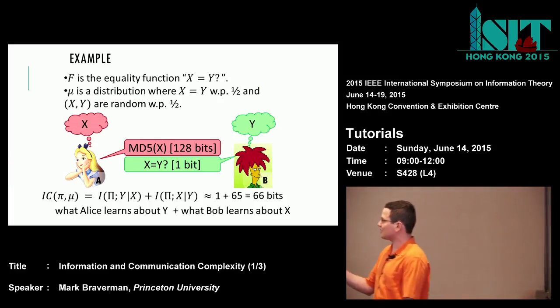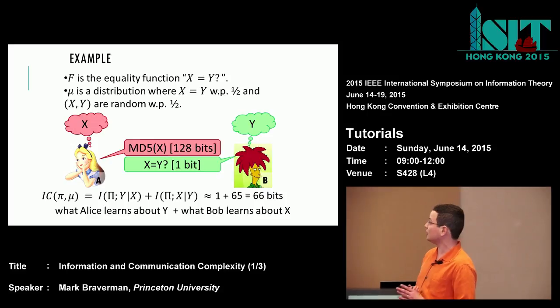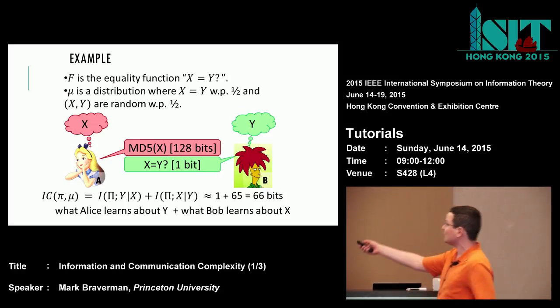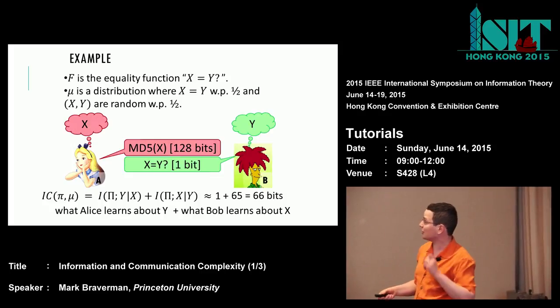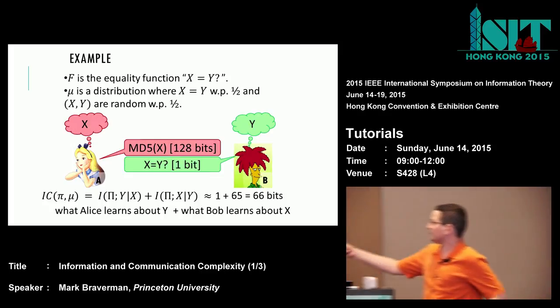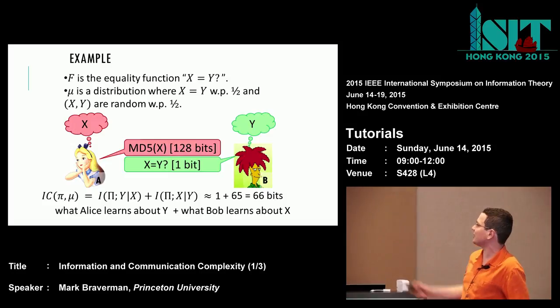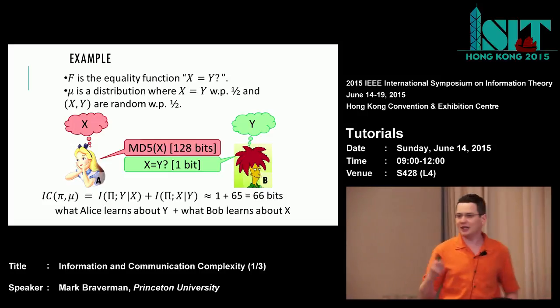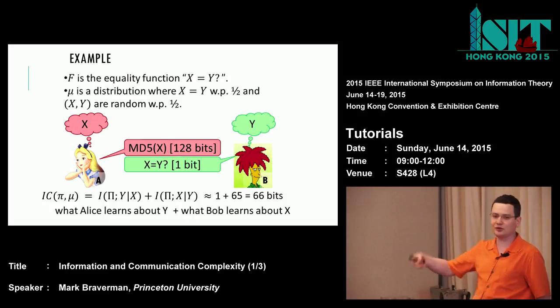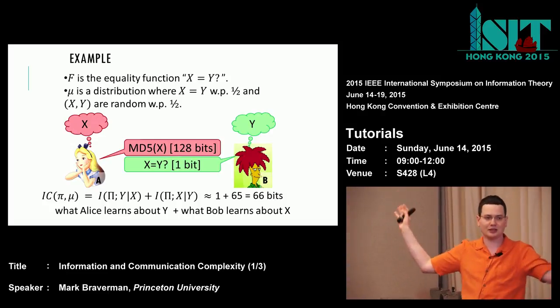So here's just an example to get used to the notation and to the notion. Say we are trying to solve the equality function again. The prior distribution is such that with probability half x is equal to y, and with probability half x and y are just drawn uniformly at random from some huge alphabet.